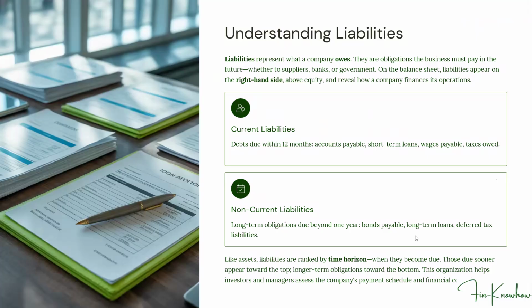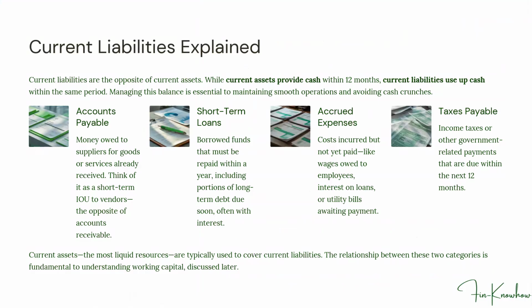Okay, so now we're going to take a closer look at what we mean by current liabilities. You can think of current liabilities as the flip side of current assets.